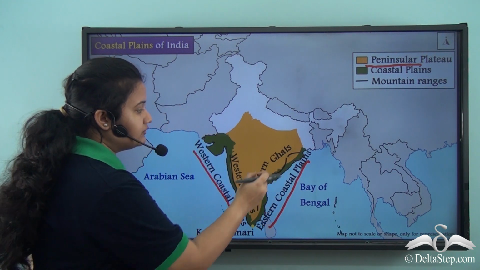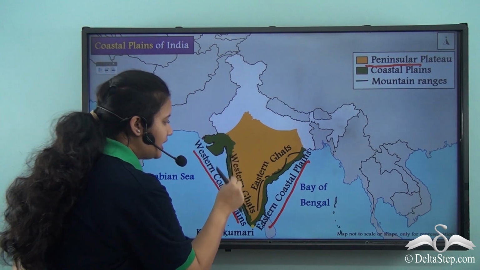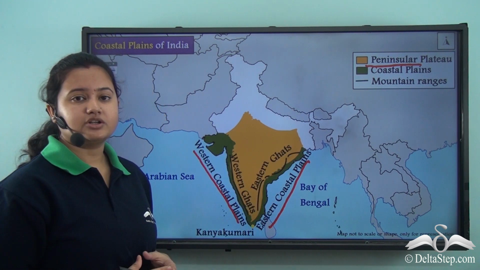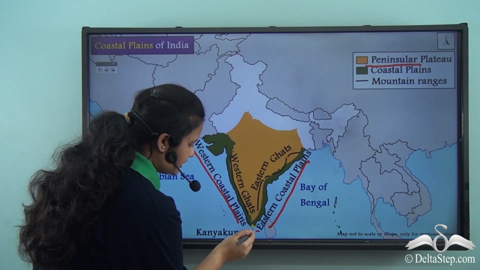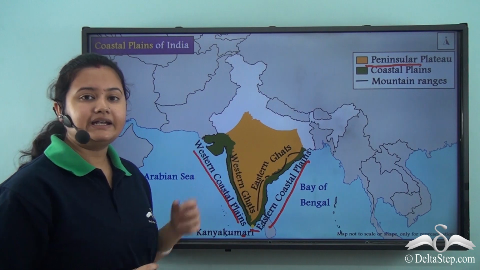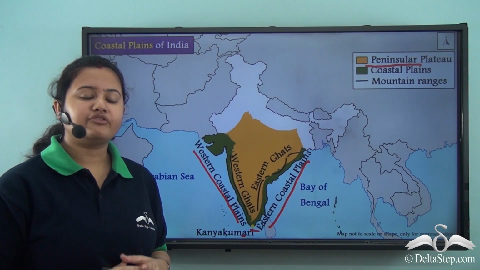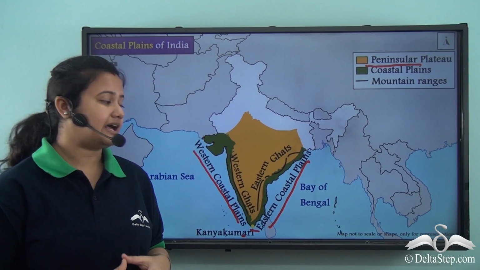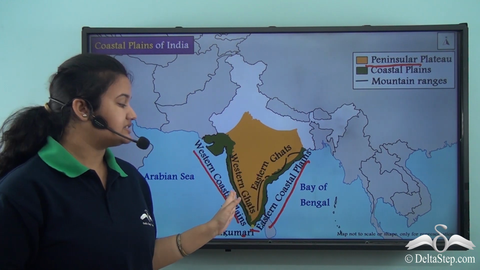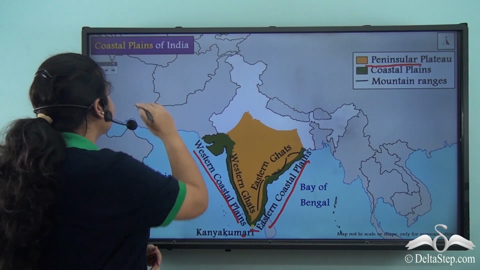So, these coastal plains form the margin of Peninsular Plateau, and they meet at Kanyakumari, which is the southernmost tip of mainland India. Another important fact about these coastal plains is that the eastern coastal plain is a bit wider than the western coastal plains.